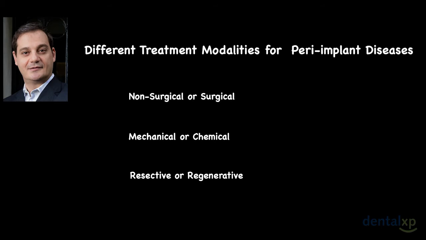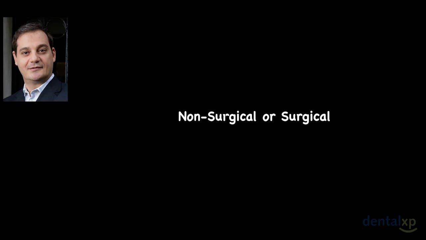That's only for the surgical. If we are doing the surgical, are we leading to a resective therapy, meaning osseous recontouring, or are we trying to regenerate the bone around an implant? So let's see how this happens.